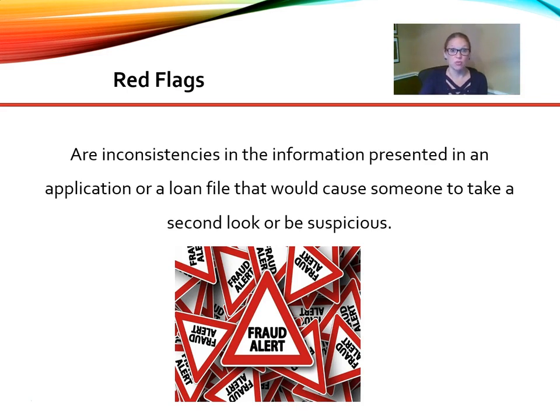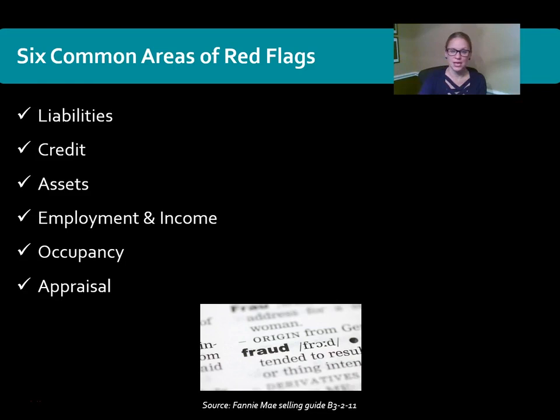That's the definition of red flags. Here you will see the list of the 6 common areas of red flags. In video 1, we went over liabilities and credit. In this video series, we will be discussing assets and employment and income.